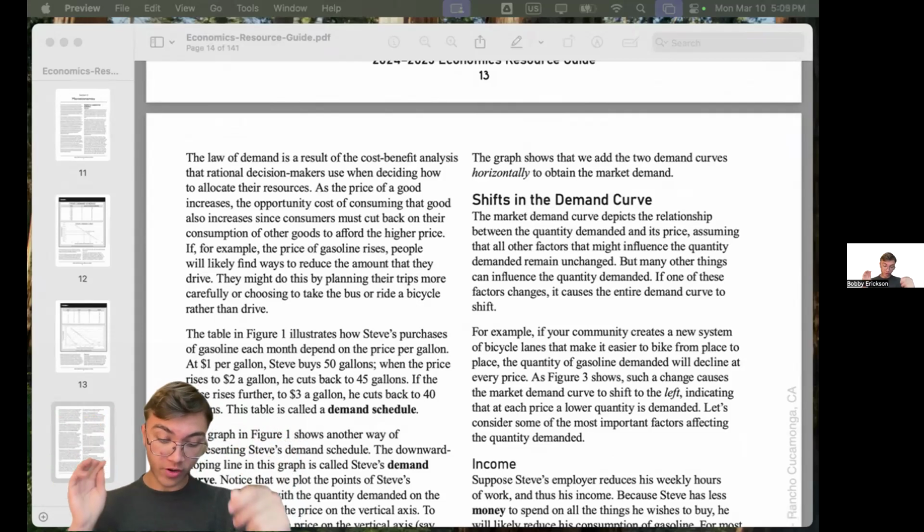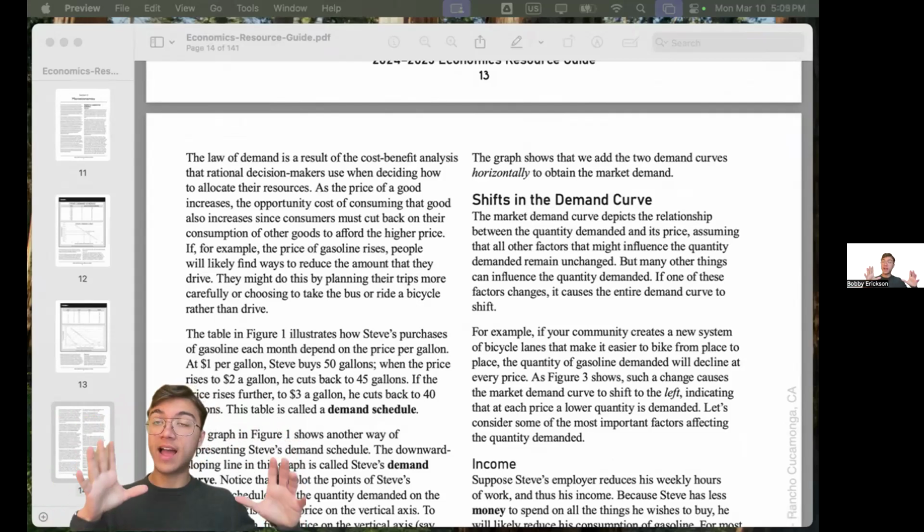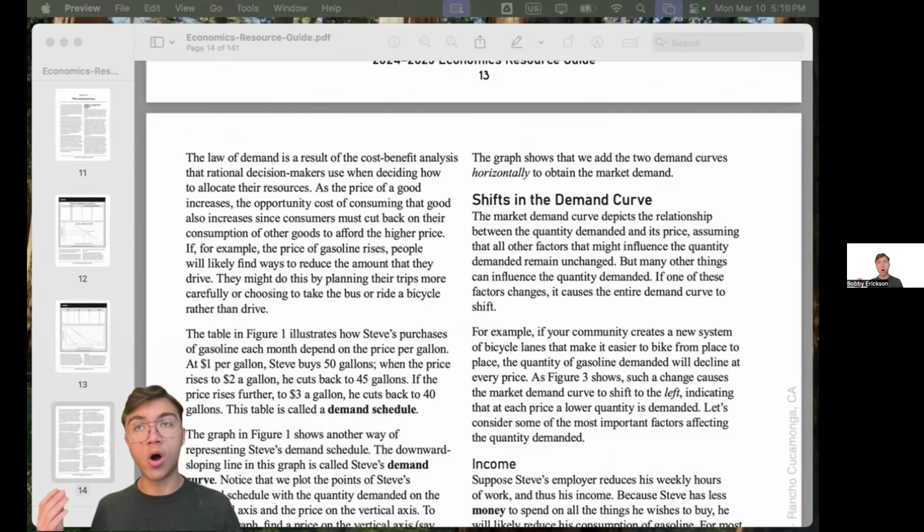But what if those different factors do change? That's what we're going to be investigating in shifts in the demand curve. Lots of things can influence quantity demanded, but what if the entire demand curve is shifting? What if all of the possible price points and all of the possible quantities demanded can shift?